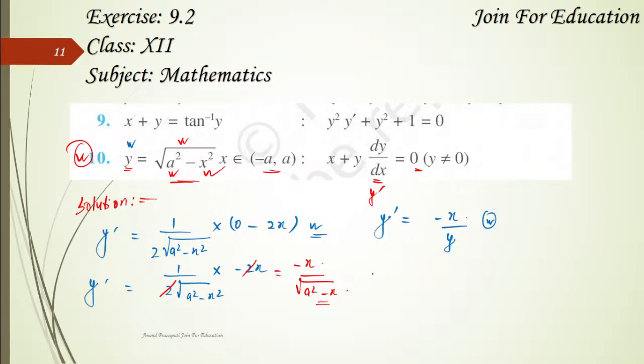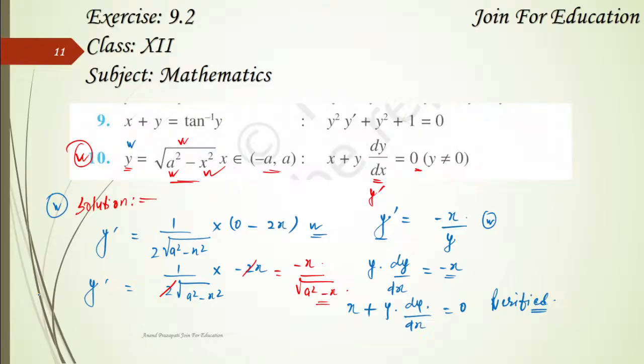After proper multiplication we get y, and for this we write dy by dx equal to minus x. When this minus x moves to the left hand side, then we get x plus y into dy by dx equal to 0. This is verified. Hope there is no problem understanding the solution of this question.